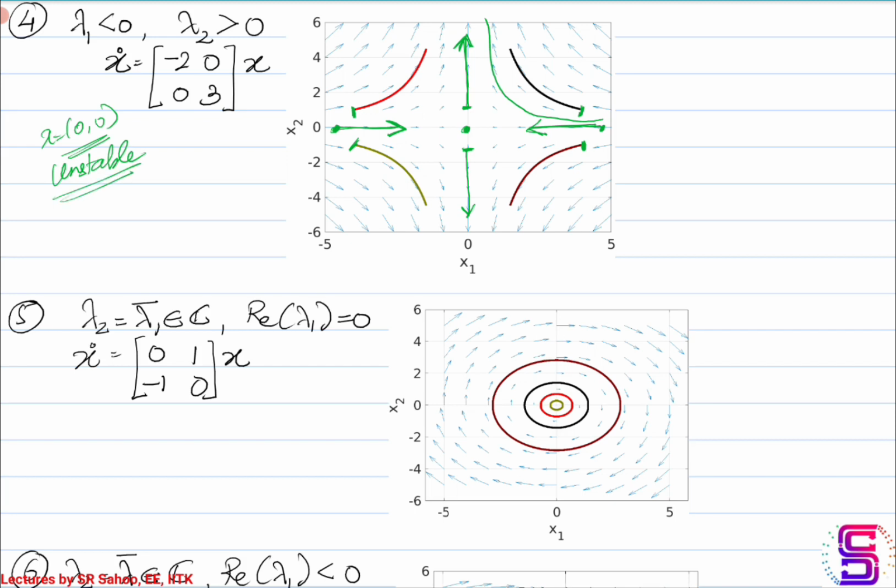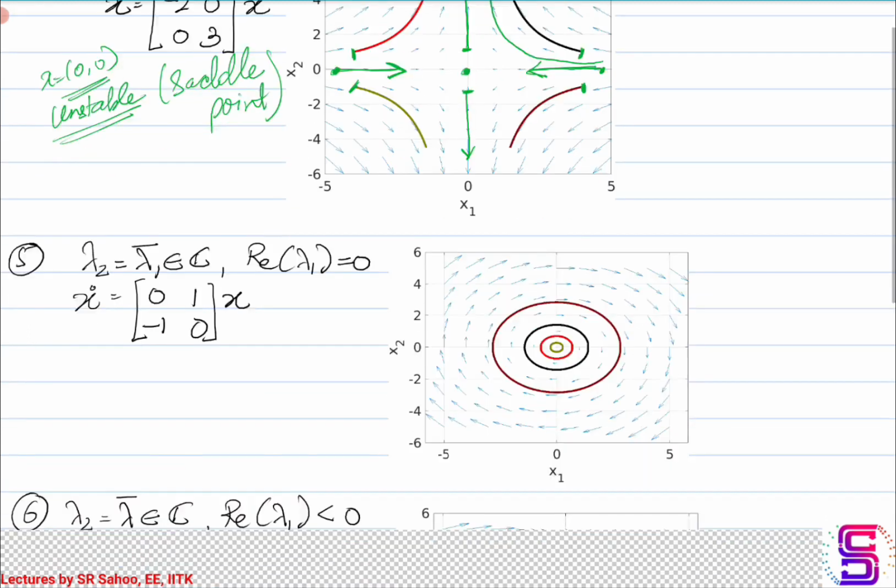In one direction it is going towards zero, while the other component is going towards infinity along the eigenvectors. Such an equilibrium point is also known as a saddle point. So saddle points are essentially unstable equilibrium points.